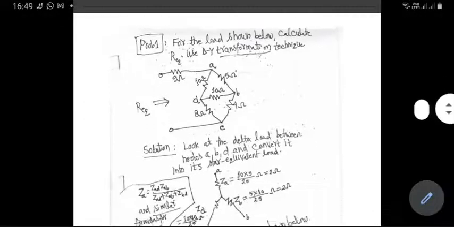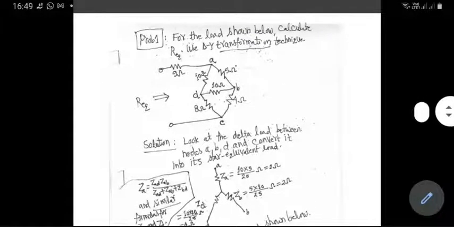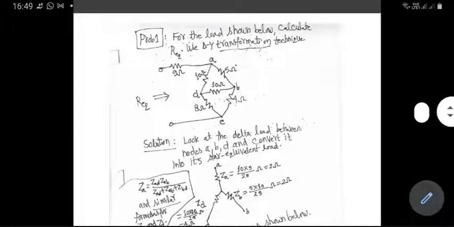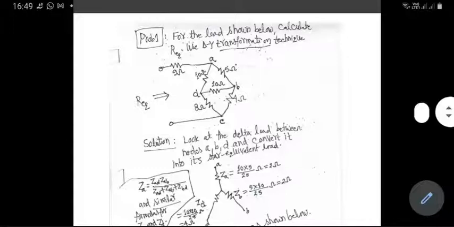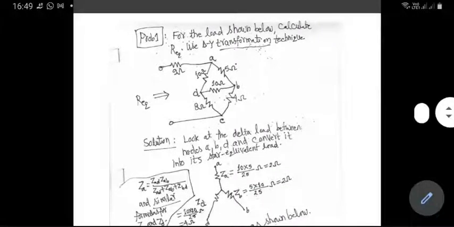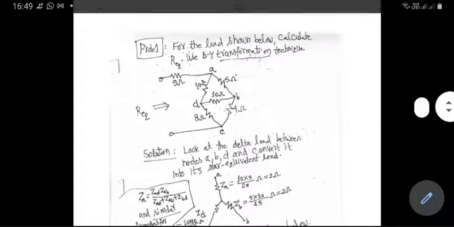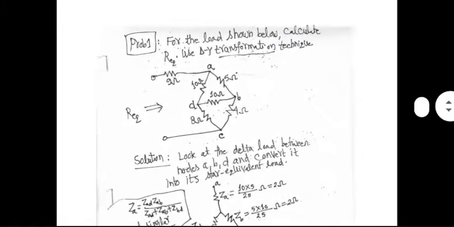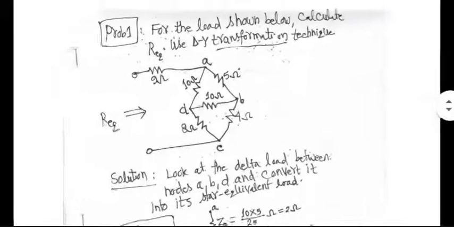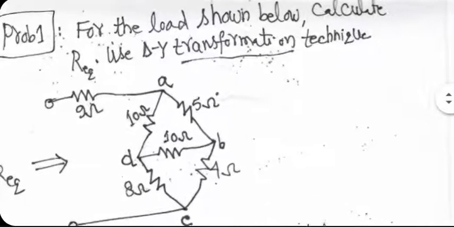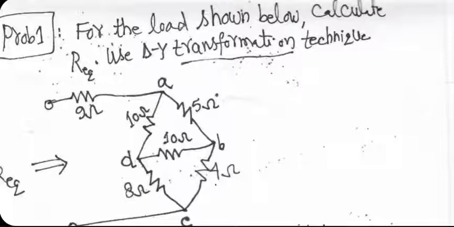So what we have done in this case is look at the delta load between A, B, and D, which is this one containing 10 ohm, 5 ohm, and 10 ohm.